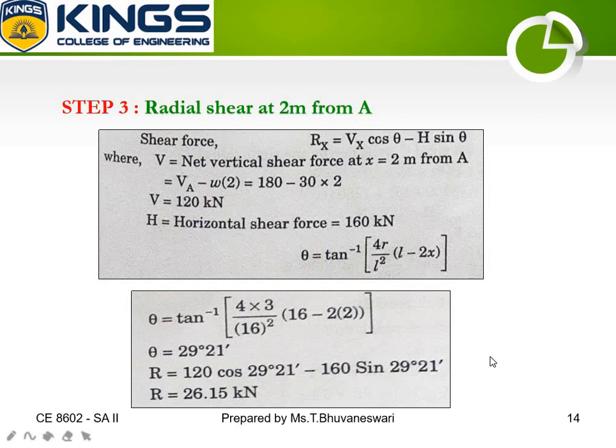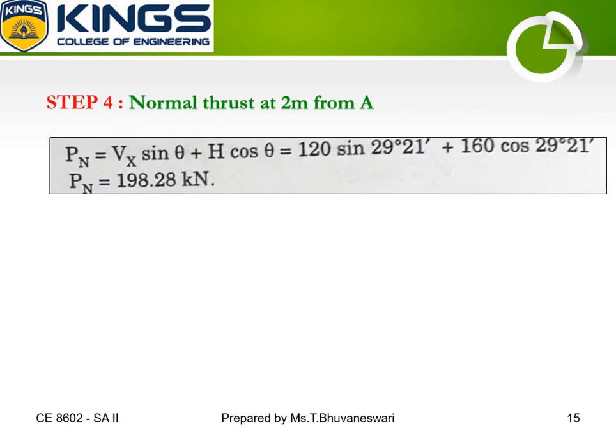The last step is to find the normal thrust at 2 meter from support A. The normal thrust is the total force acting along the normal, which is equal to Vx sin theta plus H cos theta. Vx is the net vertical force at that point. Here they are asking at 2 meter from the left hand support.